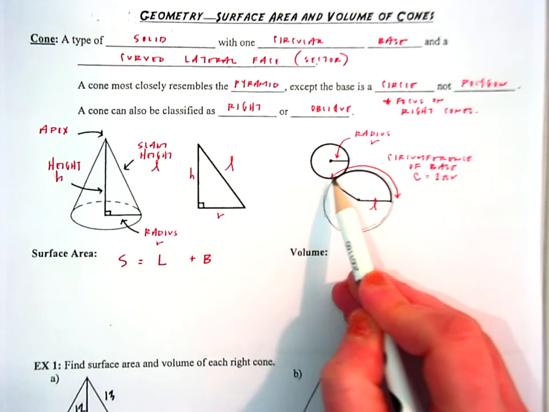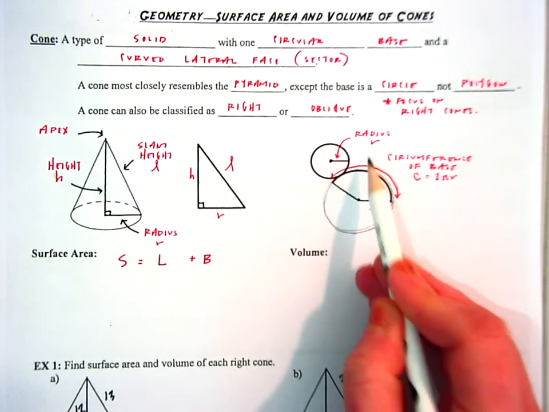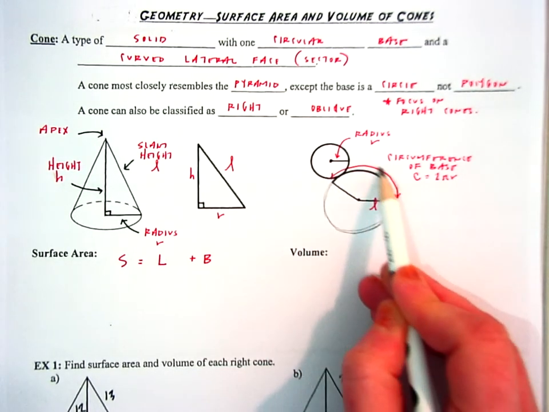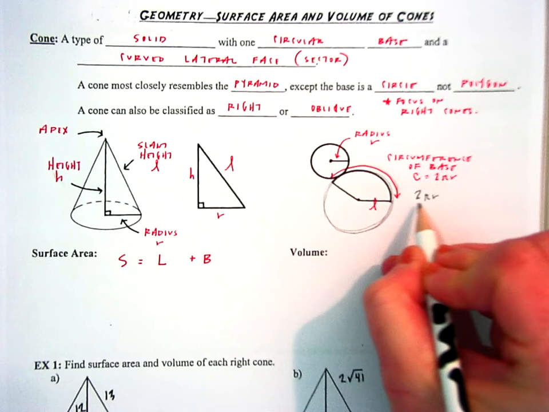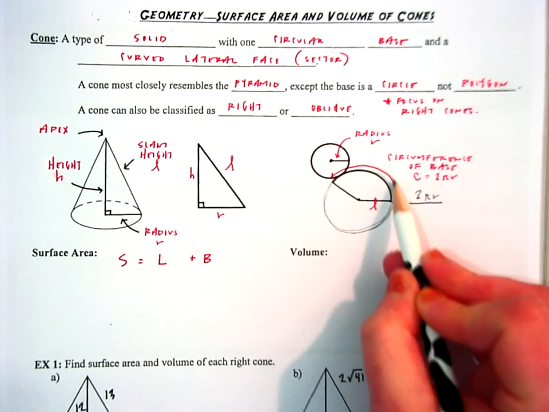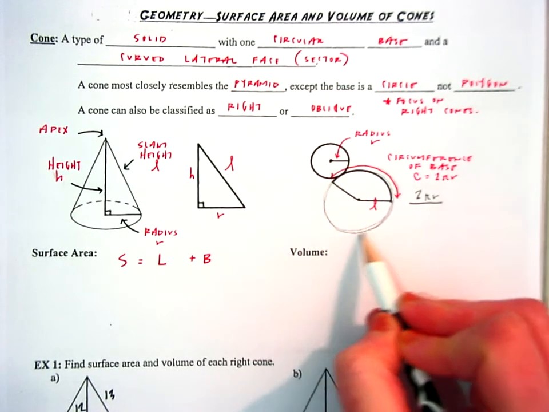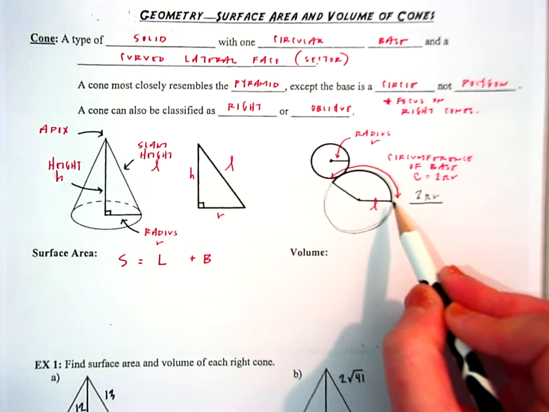So I'm looking at the ratio of right here to the whole circle. From here to here, this would be 2 pi r. I know that length here to here would be 2 pi r. And then for the whole circle, the entire circle's circumference would be 2 pi times the radius as well.